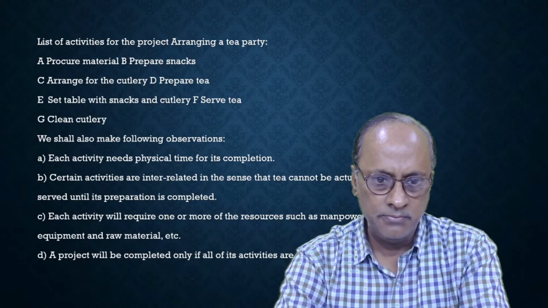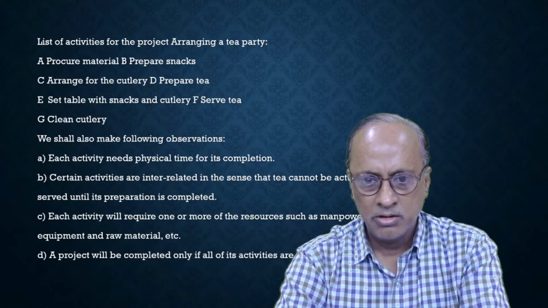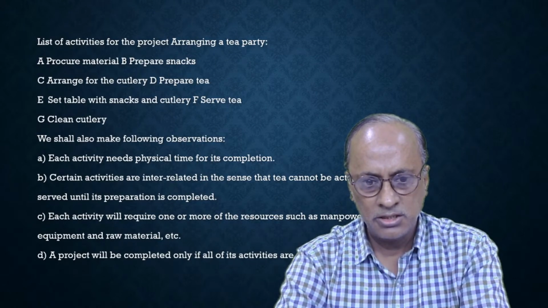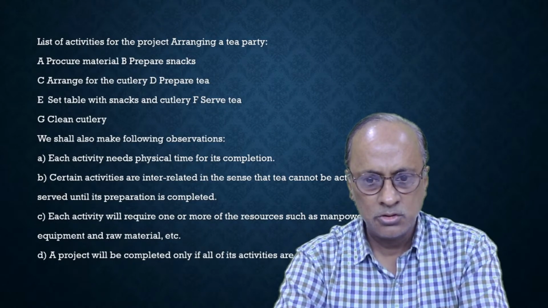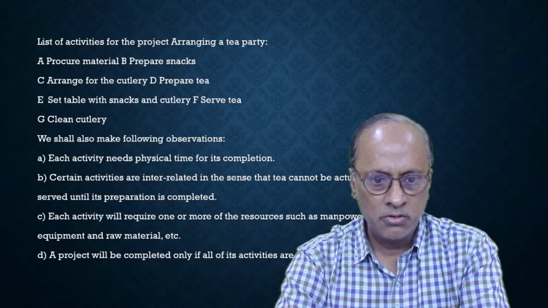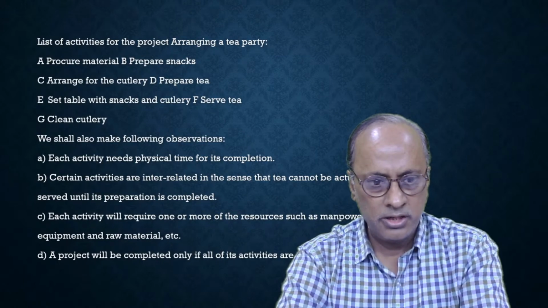And second, most visible, certain activities are interrelated in the sense that some activities cannot be started unless some other activities are completed. Each activity will require one or more resources, for example, to prepare snacks, we require a cook or a chef, for serving the food, we require a waiter, and raw materials and equipment, we require a gas stove and other cutlery.